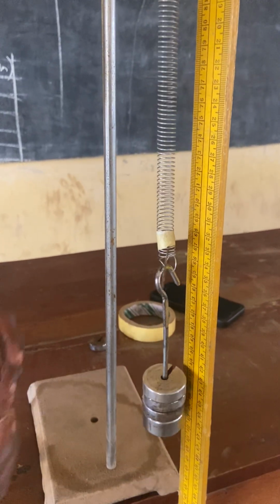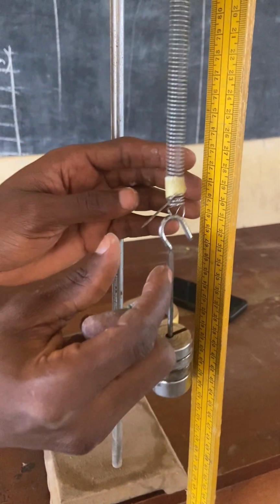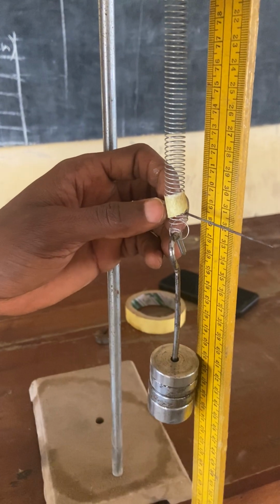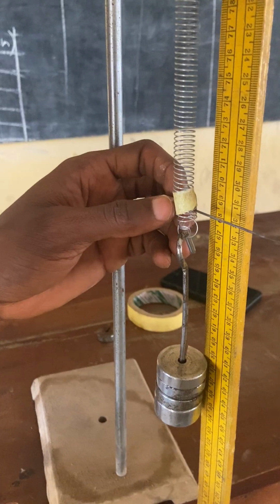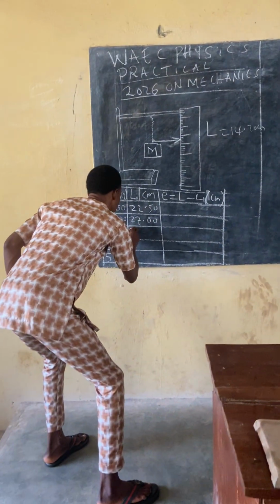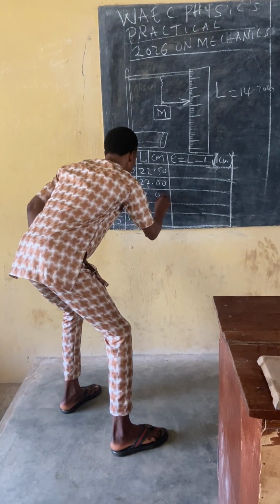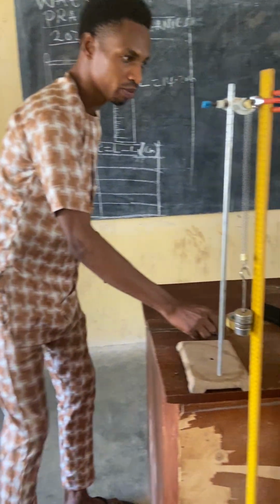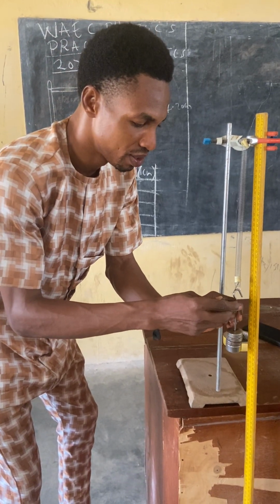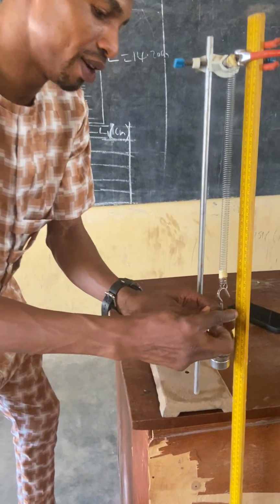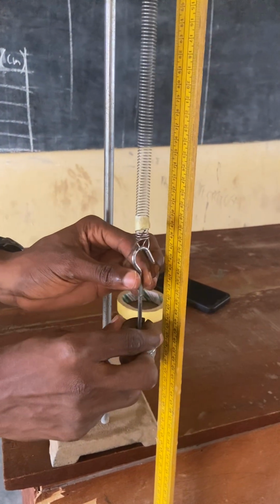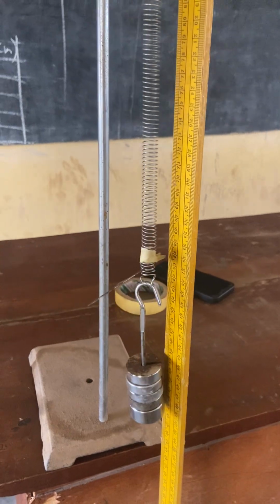From here we take it to be 32.00. I'll add another 50 to it, and it becomes 300. Later we need that mass.